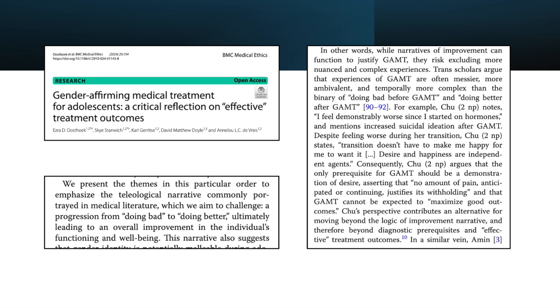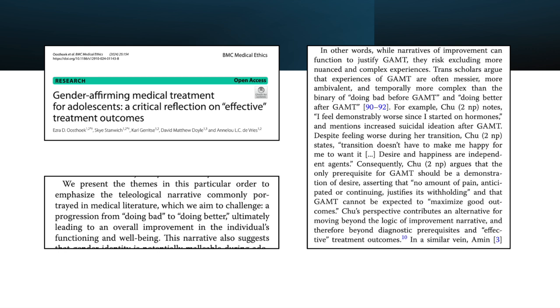In other words, while narratives of improvement can function to justify gender-affirming medical treatment, they risk excluding more nuanced and complex experiences. Trans scholars argue that experiences of medical transition are often messier, more ambivalent, and temporally more complex than the binary of doing bad before treatment and doing better after treatment. For example, Chu, and this is Andrea Chu, who is an author and trans activist.